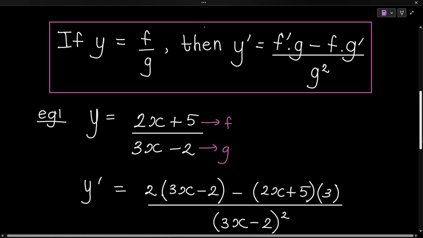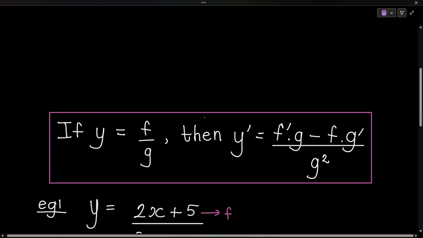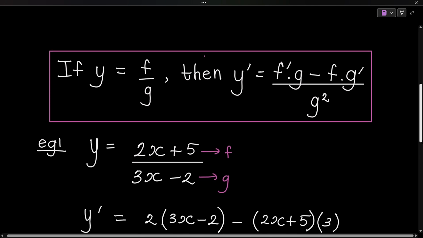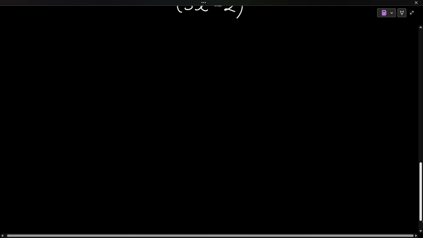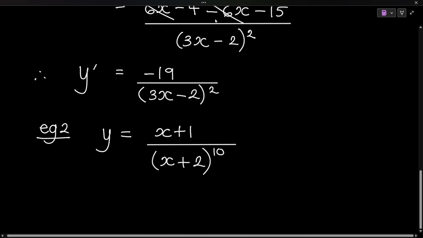So just reviewing our quotient rule, we understand that our numerator is represented by f and our denominator is represented by g. So it helps a lot if you can label your numerator and denominator, just so that it's easier for you to keep track of what you're doing as you are applying this rule.